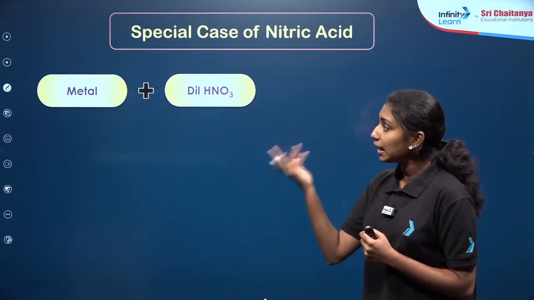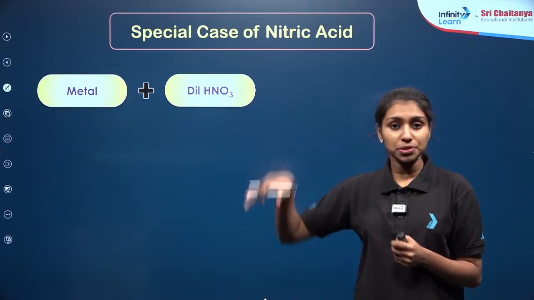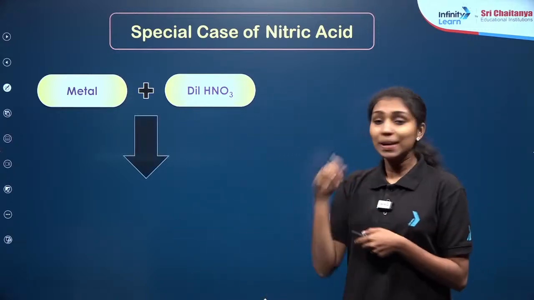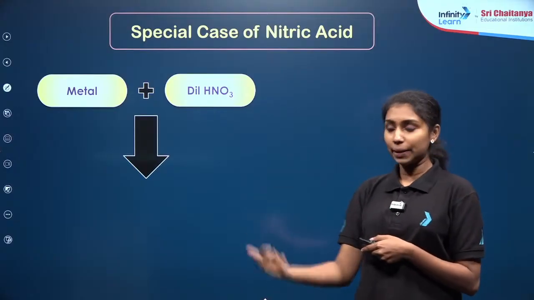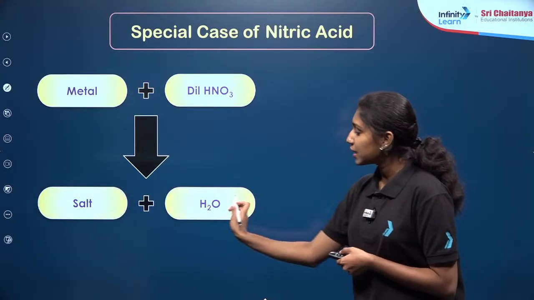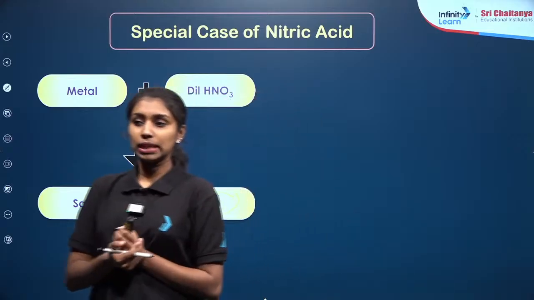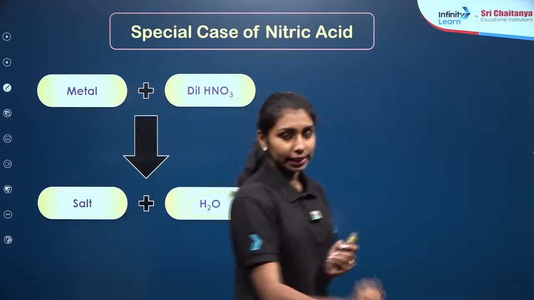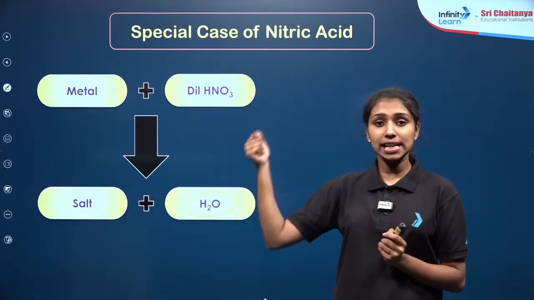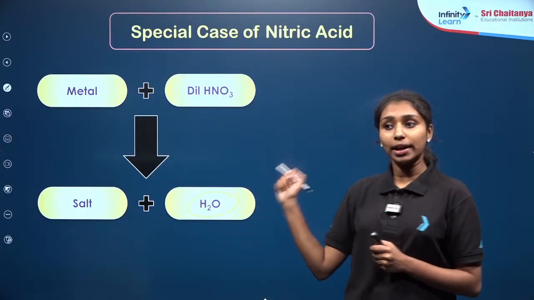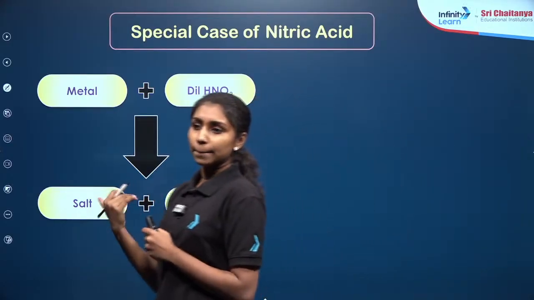So we may predict that metals react with dilute HNO3 to form metal nitrate, the salt, plus hydrogen. But here what is happening? Instead of hydrogen, we are getting water as the product. Clear? This is a special case in the case of nitric acid only. If you are taking dilute nitric acid, instead of hydrogen gas, we will get water. What is the reason behind that?